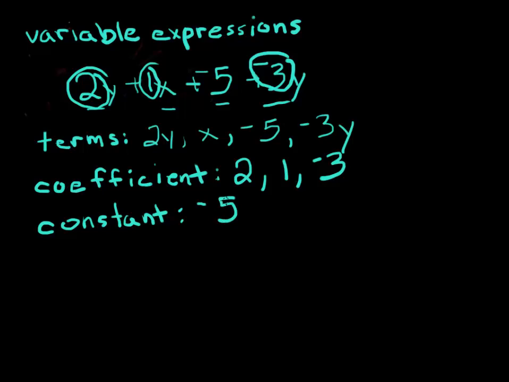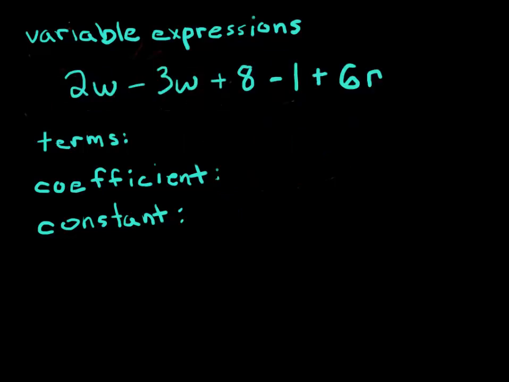Let's take a look at one final expression and introduce a little bit more vocabulary. Here I have the variable expression 2w - 3w + 8 - 1 + 6r. Before I determine what my terms are, remember we want to change everything to addition of the opposite.